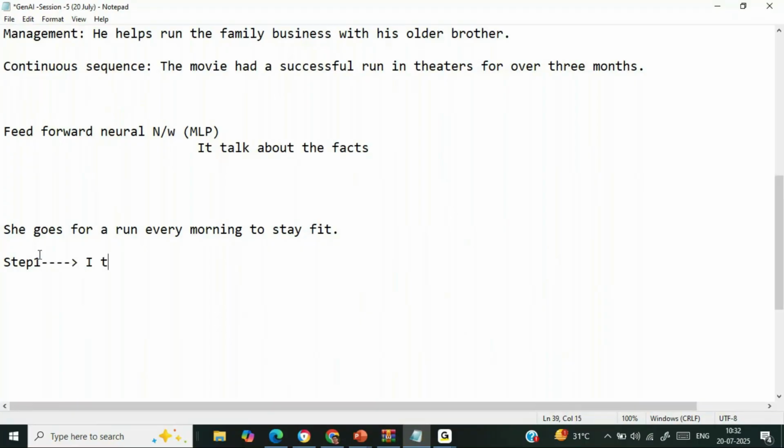Step one: it will be divided into tokens. Step two: the tokens will be converted into token IDs.